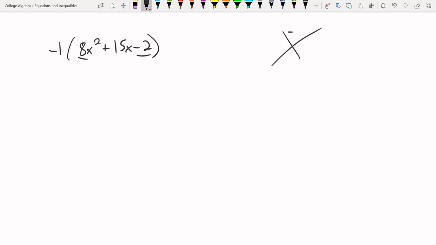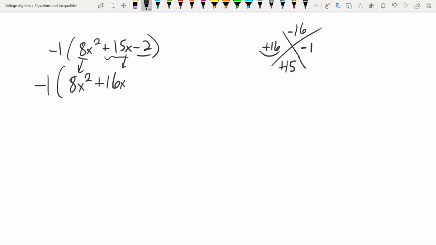A times C is negative 16, and B here is positive 15. Two numbers that multiply to give the top and add to give the bottom. It's going to be positive 16 and negative 1. Okay, now for the full AC method, you bring down the first term, then you write plus 16 in the middle variable, x, minus 1, middle variable again, x, and bring down the last term.